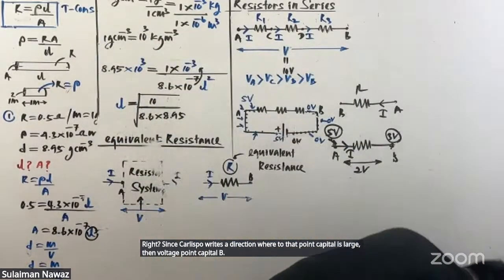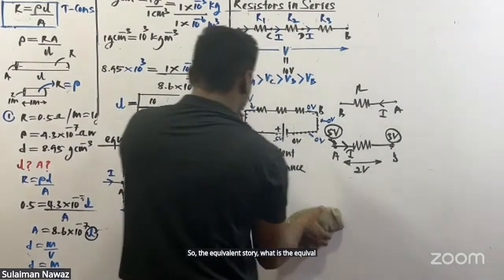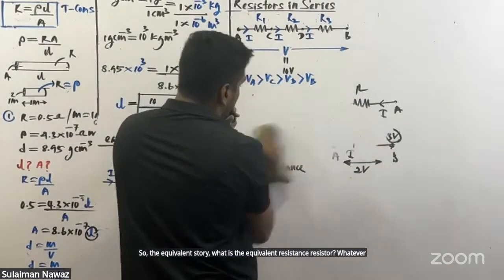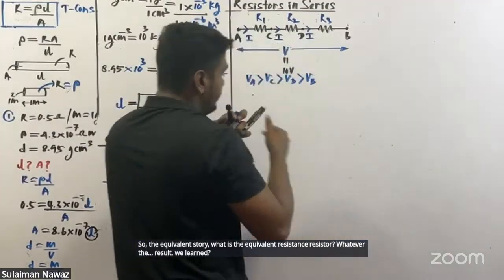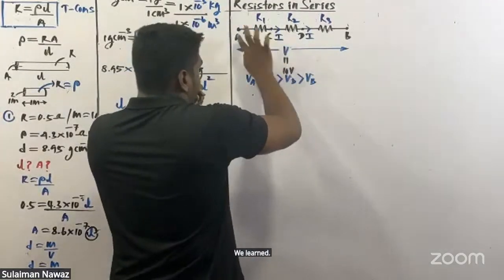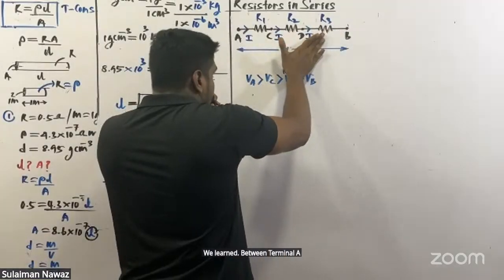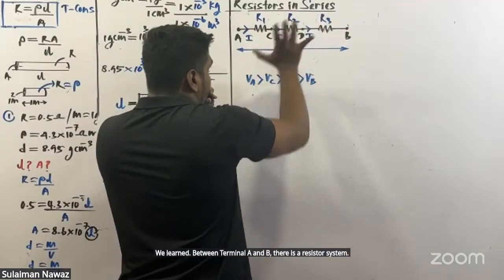So what is the equivalent resistance? Between terminals A and B, there is a resistor system R1, R2, R3.